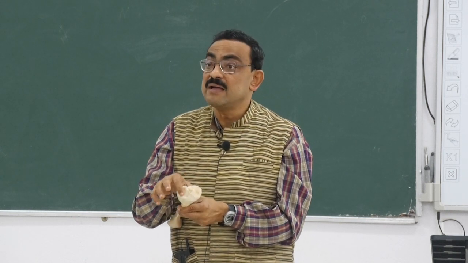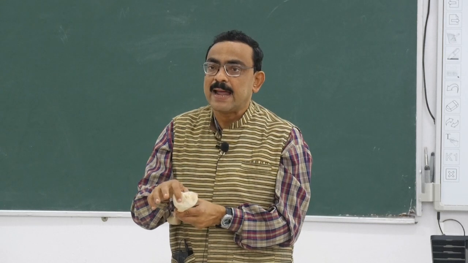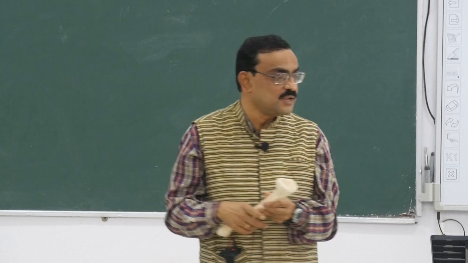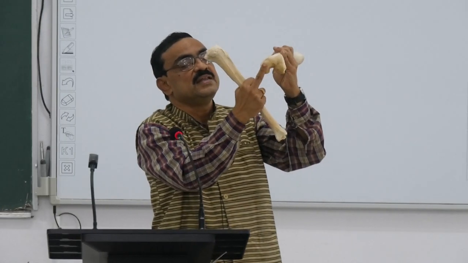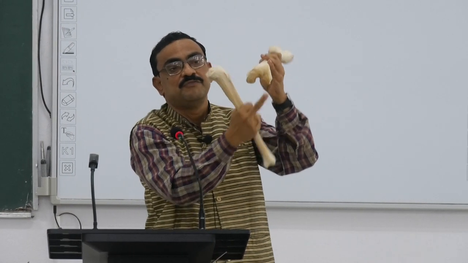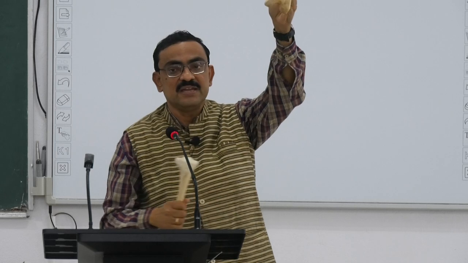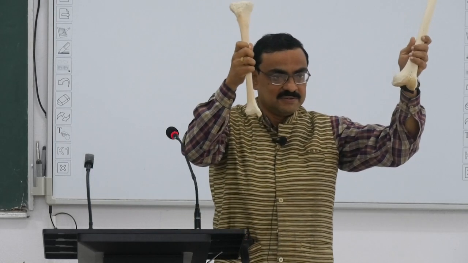These are called the medial and lateral condyles. Condyles means the articular area. Similarly, we can find here the medial and lateral condyles of the femur, which articulate like this. Actually, it is of the left side. Don't mind, this is of the right side.